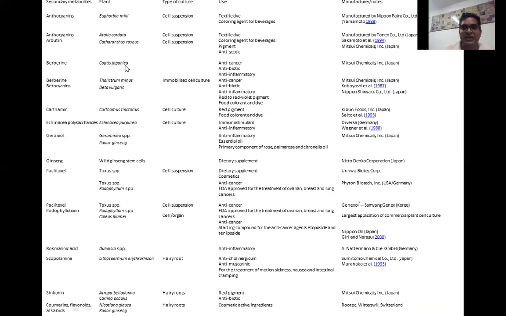Coptis japonica, berberine, and ginseng. Ginseng we can collect from wild ginseng stem cells. This is used as a supplement for human beings.